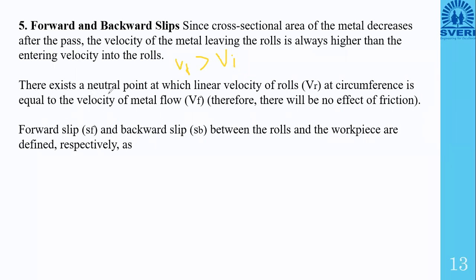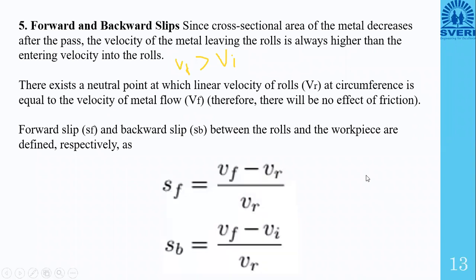There exists a neutral point at which the linear velocity of the rolls VR at the circumference is equal to the velocity of metal flow. Therefore, there will be no effect of friction. So there is one point where the roller and the metal make contact.